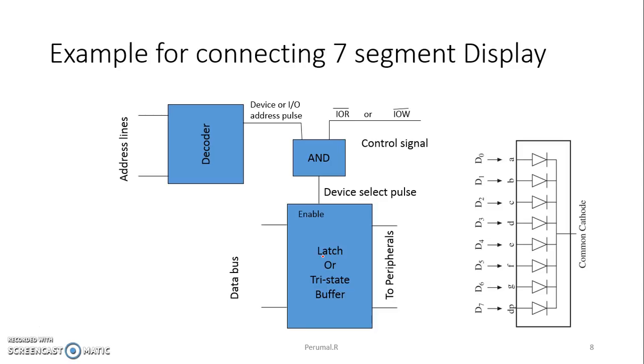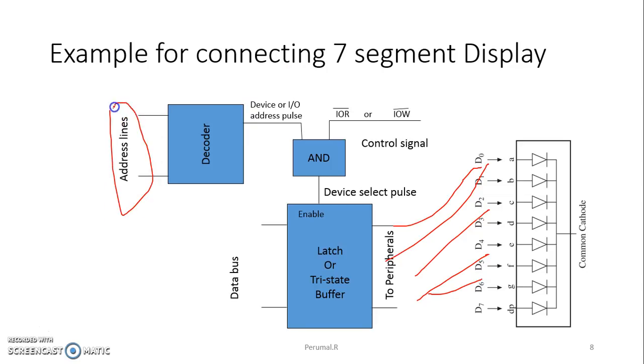As an example, for connecting a 7-segment LED display, your peripherals will be connected here, and the address of the 7-segment LED display will be generated through the address lines.